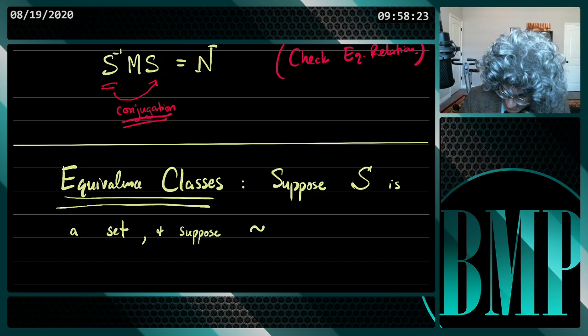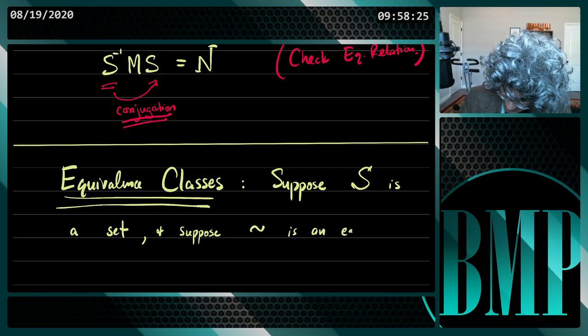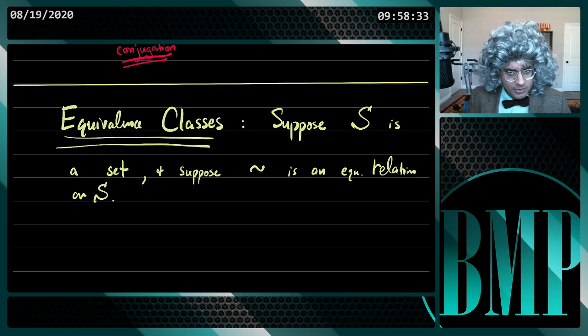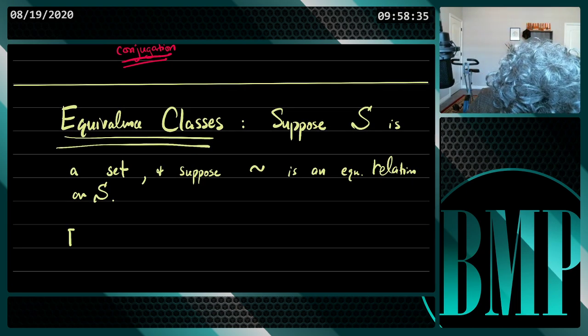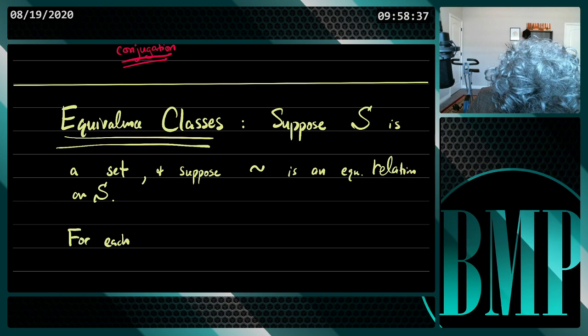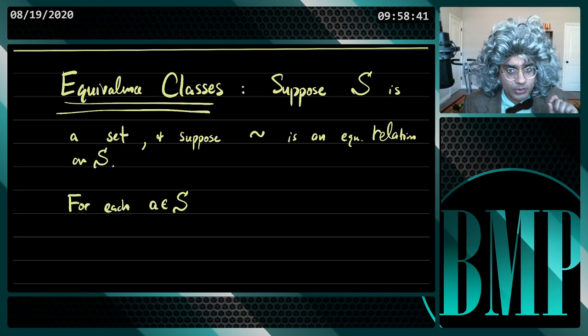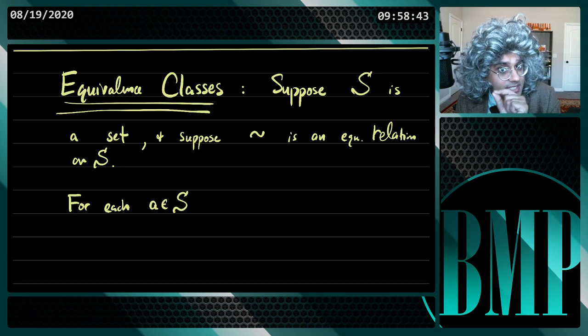And suppose this is an equivalence relation on S. Then, for every element of the set, you get what we call its equivalence class.